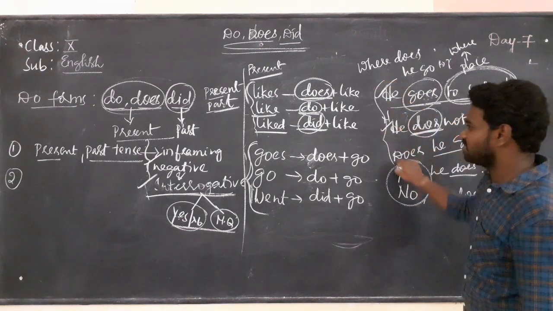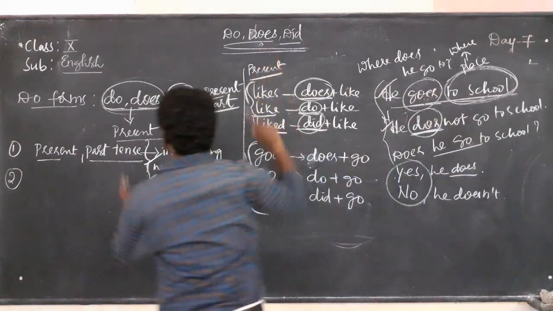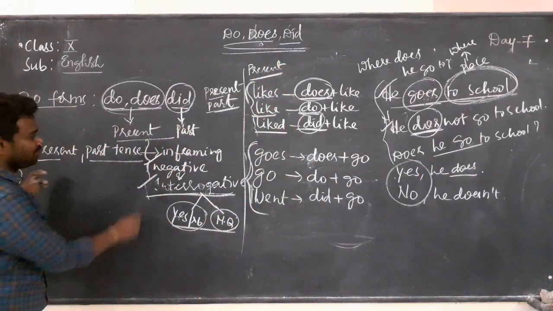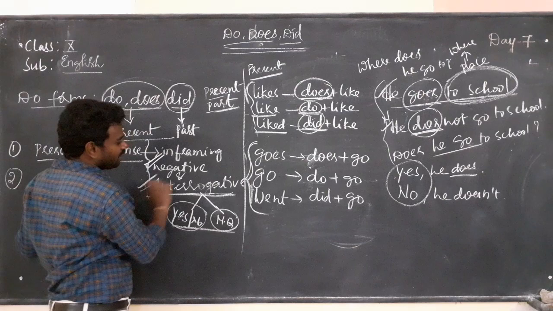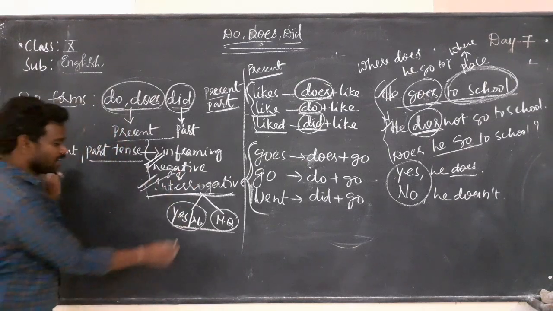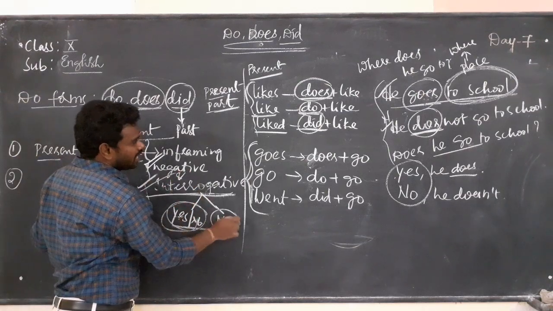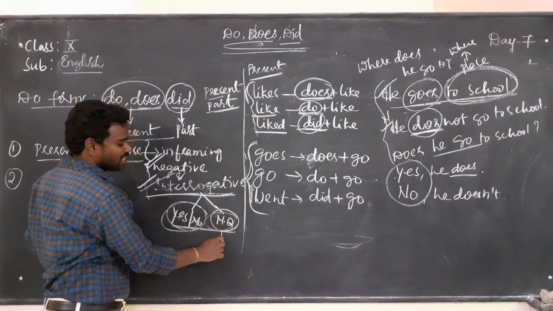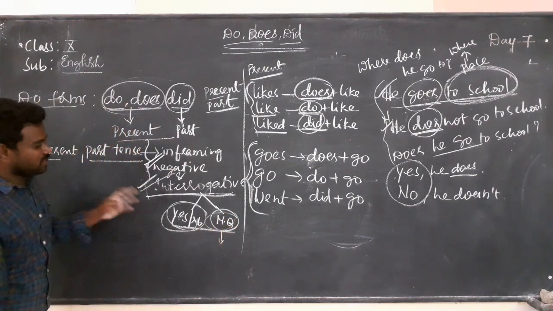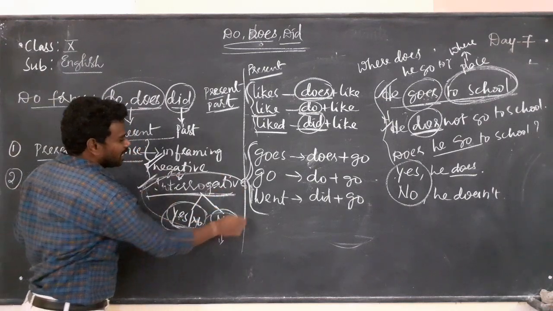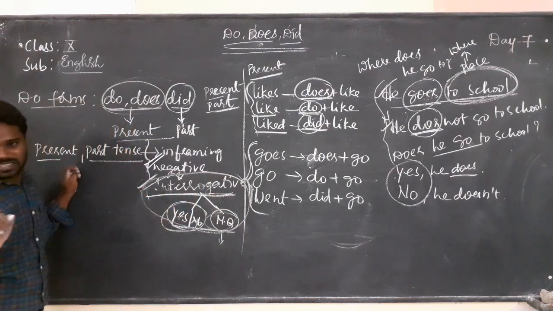So when do we use do, does, did forms? Especially in framing negative and interrogative. Interrogatives are yes, no question and main question. Main questions are WH questions. So here in this part, you will have 1 mark in public examination.